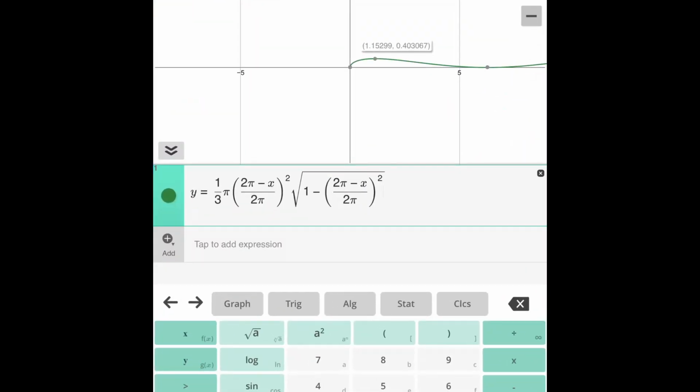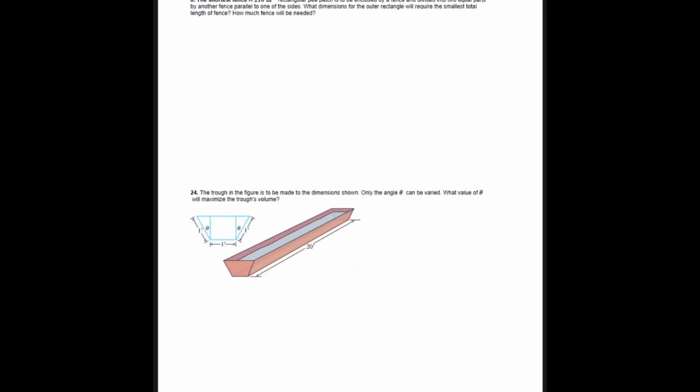So for this cone, we get the maximum value in our domain at 1.153 and 0.403. So to answer the problem, what is the largest possible volume? The max volume is 0.403 cubic meters.